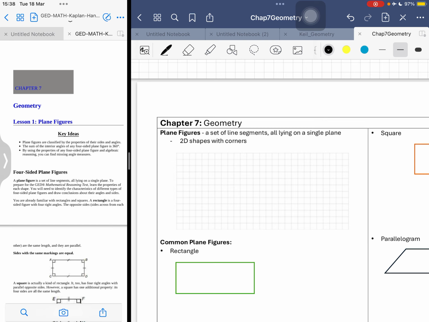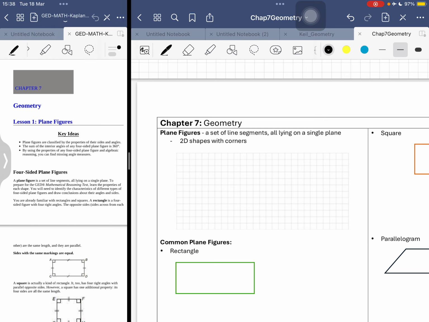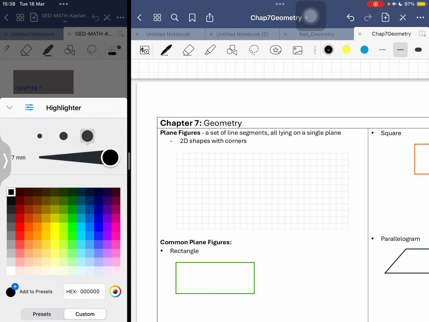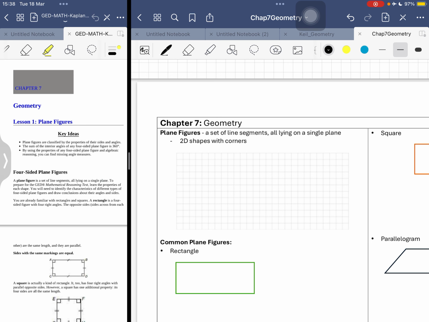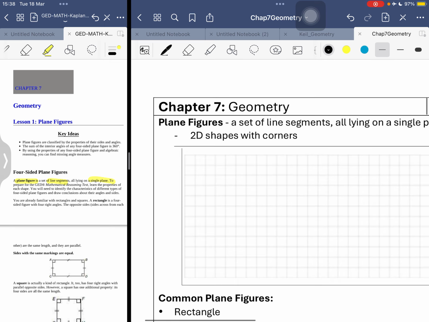In your book, plane figures are defined as a set of line segments all lying on a single plane. For example, this is the plane. And line segment, do you still remember what a line segment is?